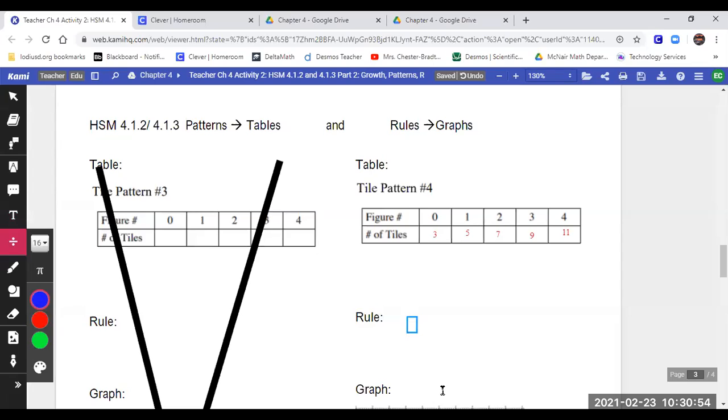What was that rule again that we have above? Y equals what for pattern 4? Yes, 2x plus 3. Okay.